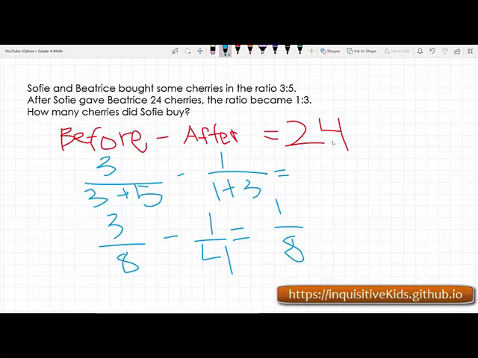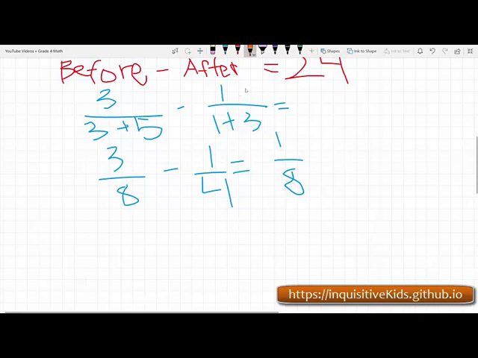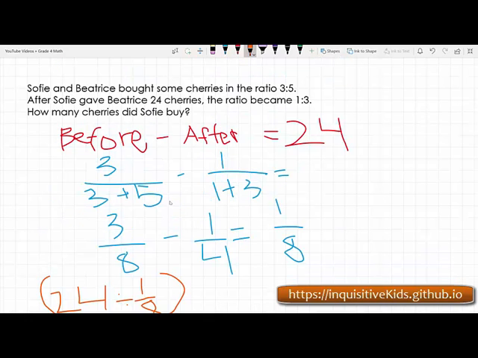Now since we know what fraction 24 cherries is, we could do 24 divided by 1/8, which will give us the whole. And since we need to figure out how many cherries Sofie bought, we have to look at the 3 in this ratio over here.